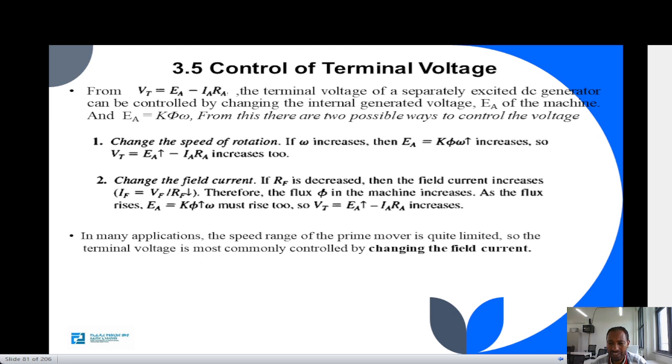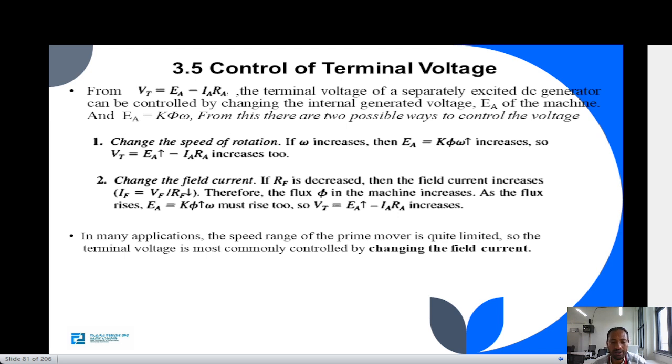In many applications, the speed of our DC generator is controlled by the prime mover, so we cannot vary the prime mover speed over a large range; only quite limited variation is possible. Therefore, terminal voltage is mostly controlled by changing the field current.